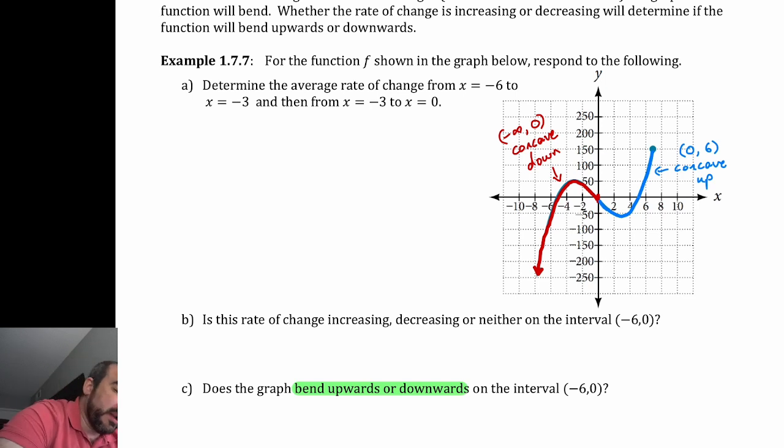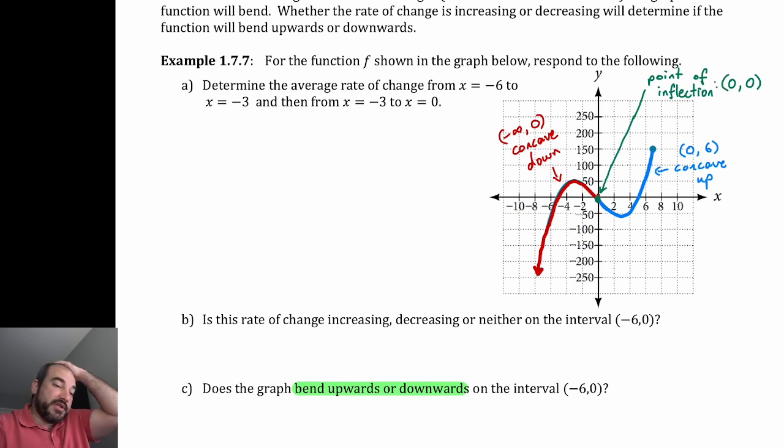And then this point here specifically, this point in the middle, has a special name. It's called a point of inflection. At 0, 0, in this case.